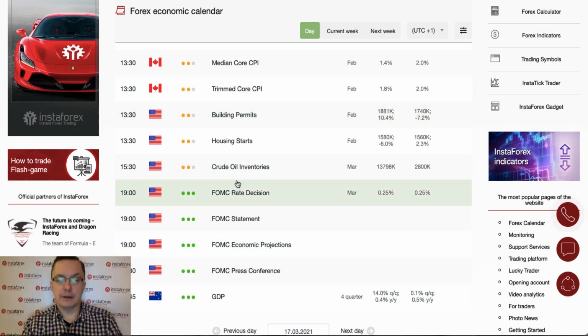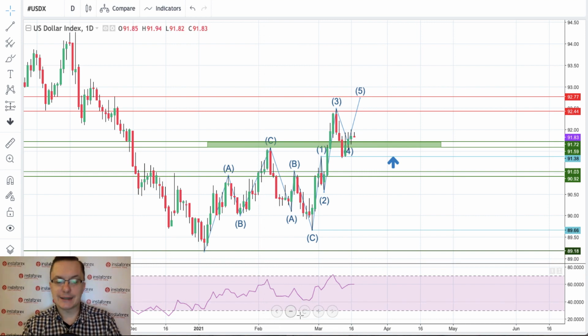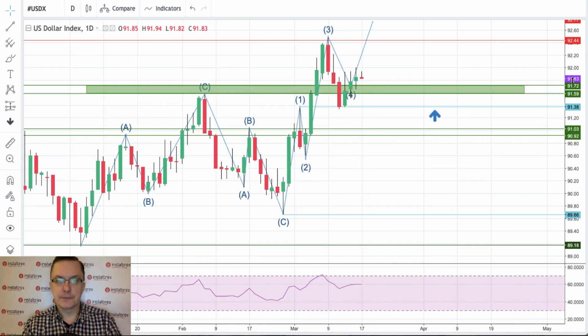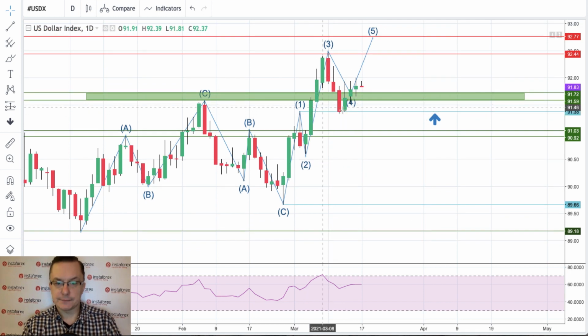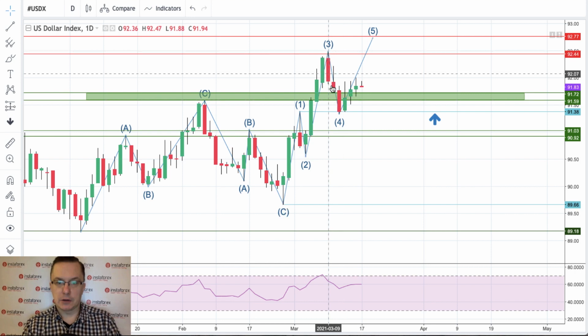Because there's an FOMC interest rate decision, let's take a look at our chart of the US dollar index. As you can see here, let me just zoom in. We have this recent development in the form of a correction.